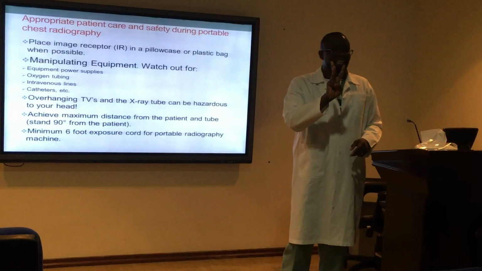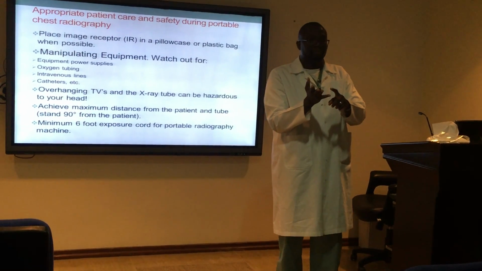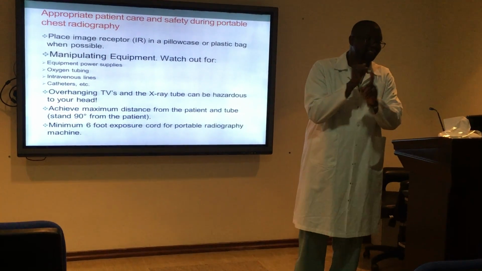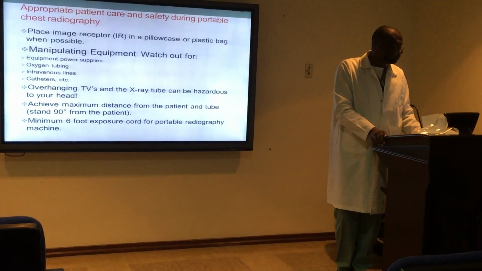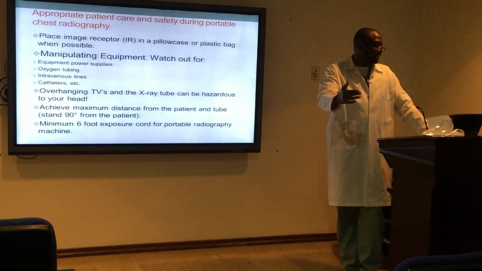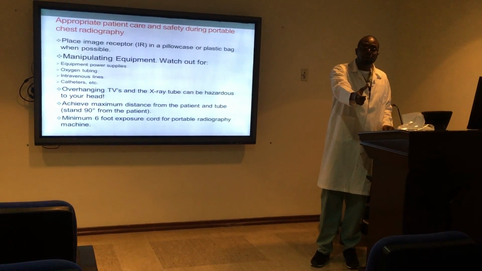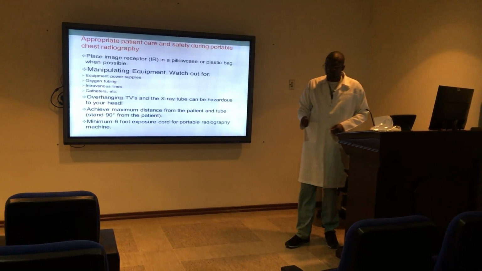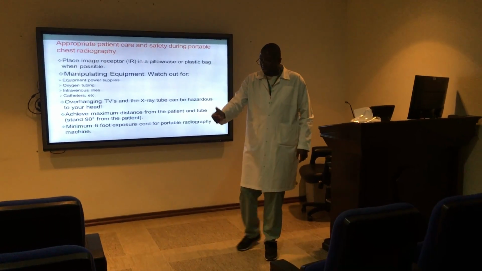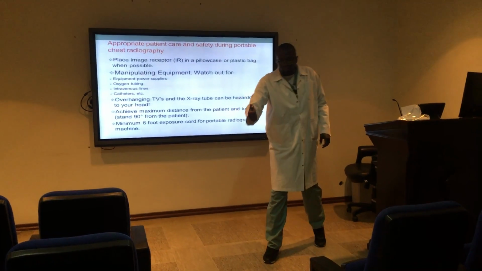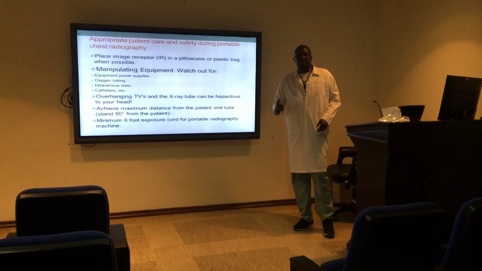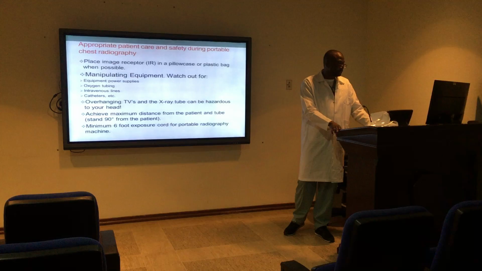Remember the three cardinal rules: time, distance, and shield. Moving away is distance. As we know, there is a minimum 6-foot exposure cord on the portable machine. The cord attached to the machine gives you the chance to move as far back as possible before you make your exposure.